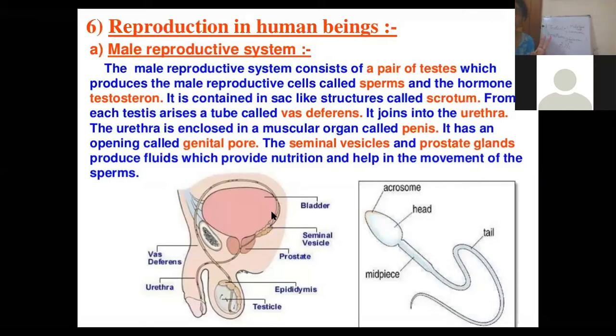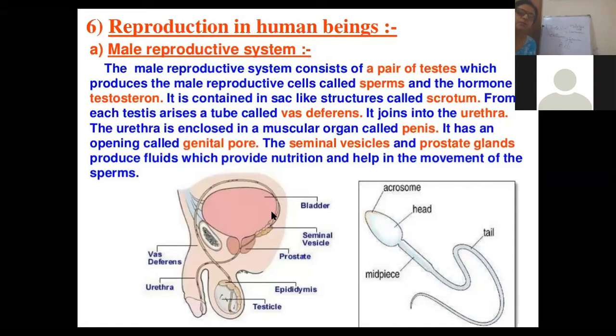The second function of this secretion is to help in the smooth movement of the sperm. Otherwise, it will be very difficult for sperm to travel, right? In the vas deferens, it's the secretion from these three glands which helps in the proper movement of the sperm.